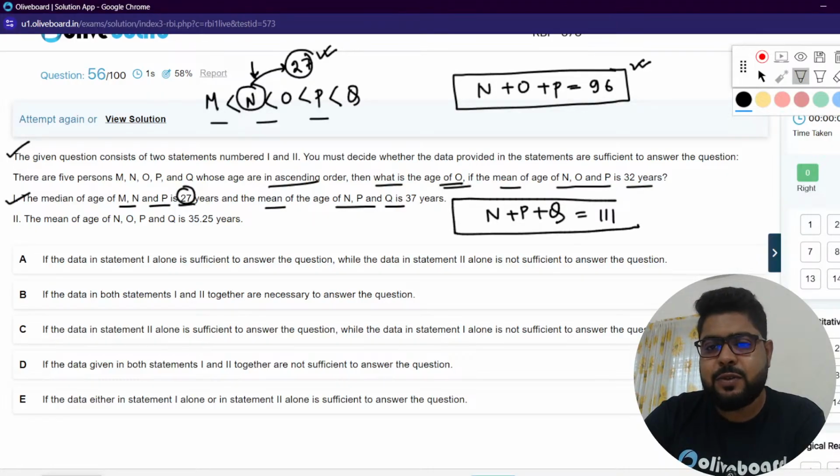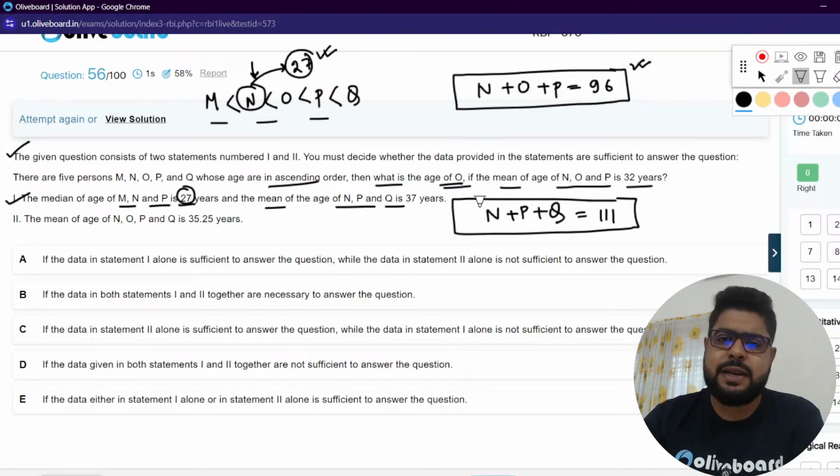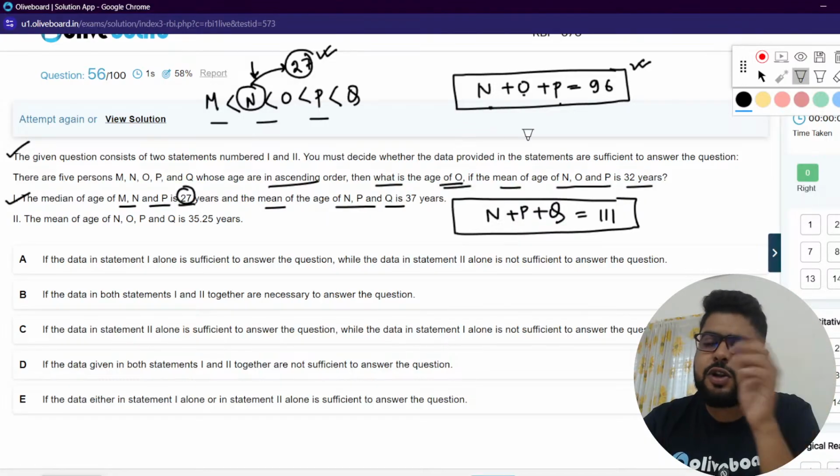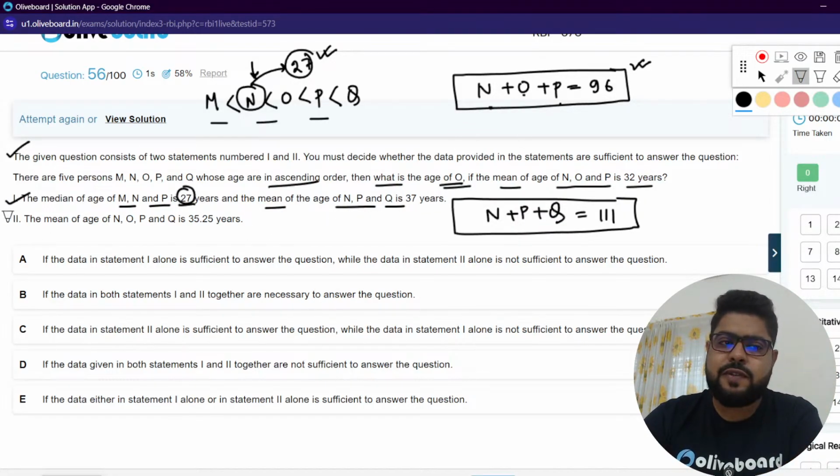Now can I find O from this statement? N plus P, but again Q will give us trouble. So I don't think only from the first statement we can figure it out. Because O and Q I cannot solve for two different variables.